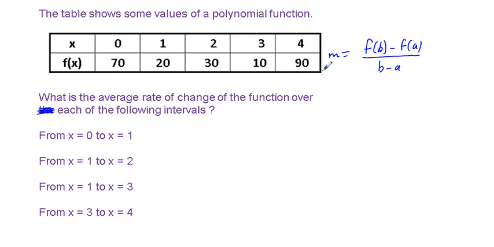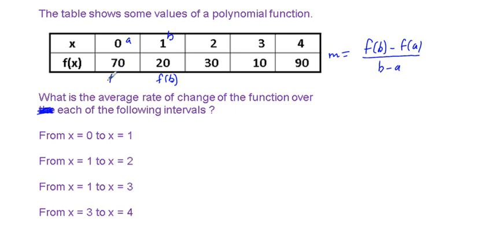And we just use different things. So this first one, from x equals 0 to x equals 1, b is equal to 1, a is equal to 0, and 20 is f of b, the output where you have an input of 1, and 70 is f of a.